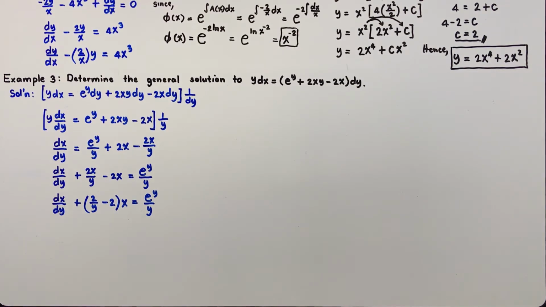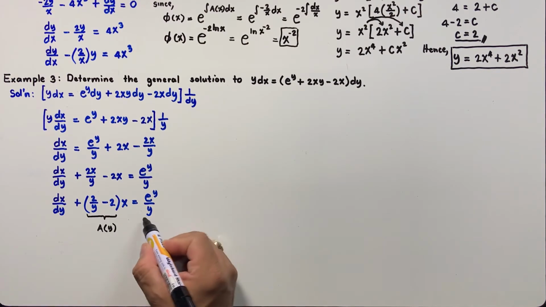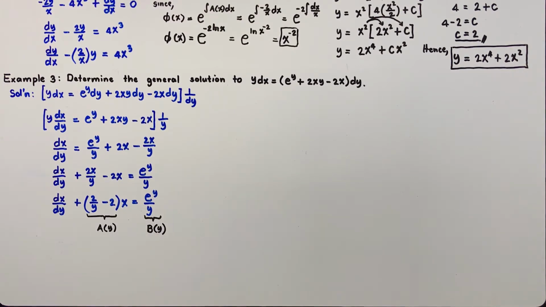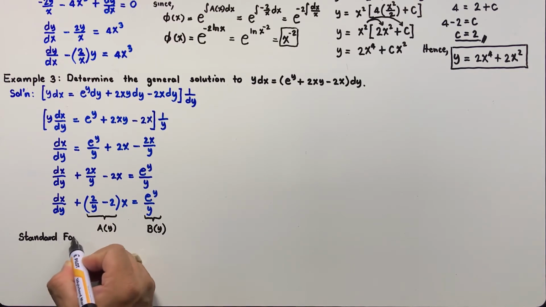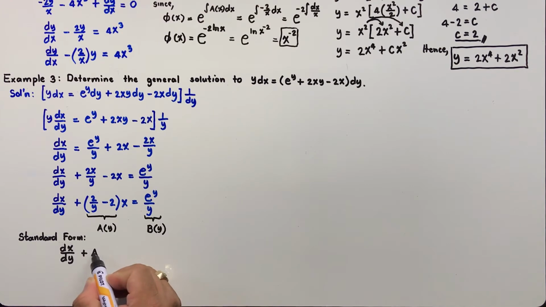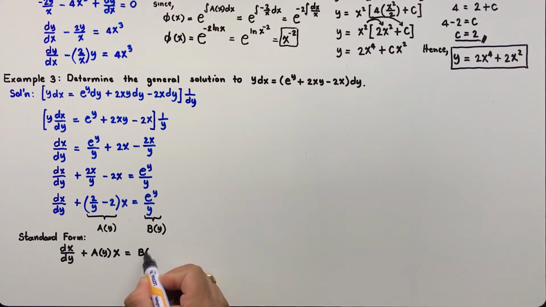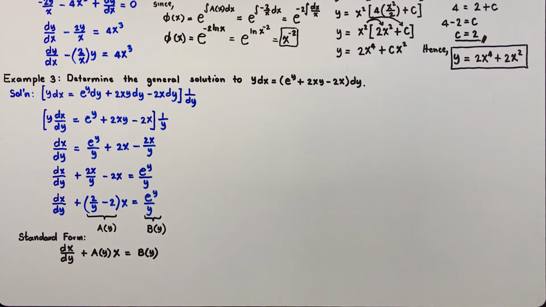And we understand that this is our a of y, and this is also our b of y in our standard form number 2, because as you can recall, our standard form is the derivative of x with respect to y, which is added to a of y times x, which is equal to b of y. So here, our a of y is this one, and our b of y is this term.